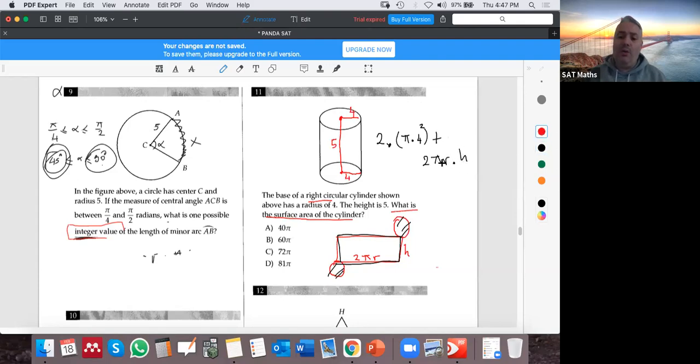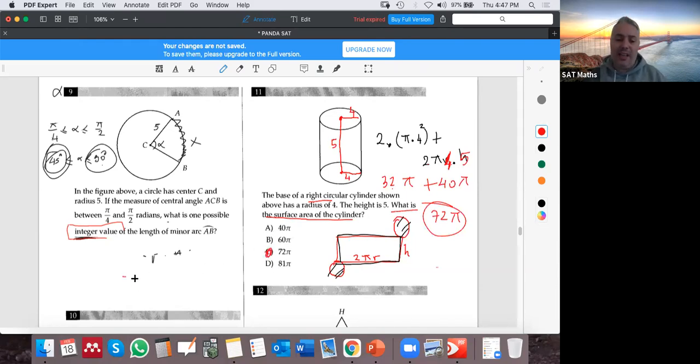Now r is 4 and h is 5. So the result will be 2 times 4, 8. 8 times 5, 40. 40 pi plus 4 squared is 16, 16 times 2, 32. 32 pi. So 32 pi plus 40 pi will be 72 pi, which is the answer.